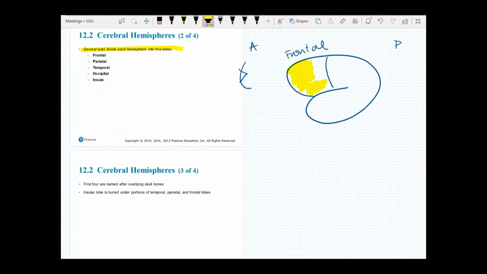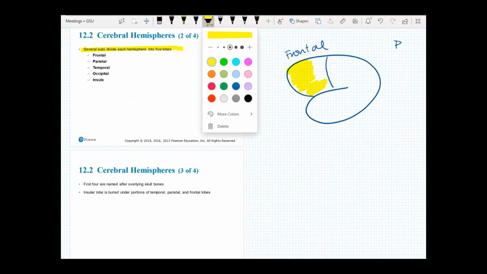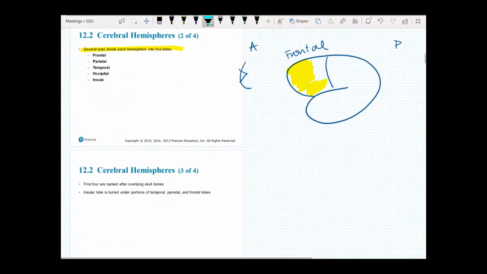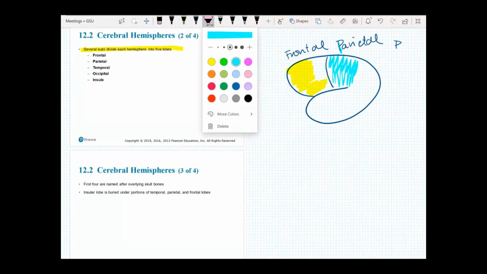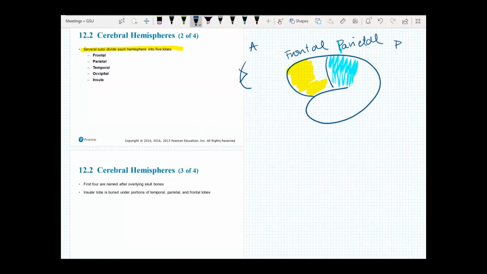And then you're going to have your parietal lobe, which will be this section, your parietal lobe. Then your parietal lobe will be separated by another sulci right here, and that would separate this next lobe, which is going to be your occipital lobe.